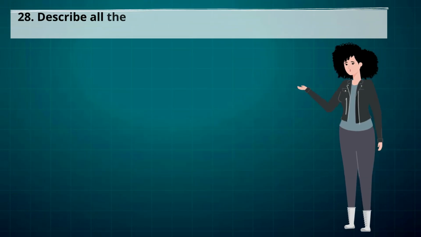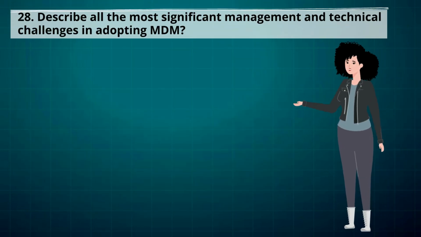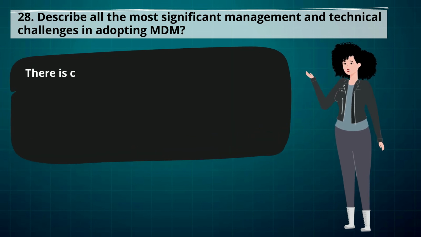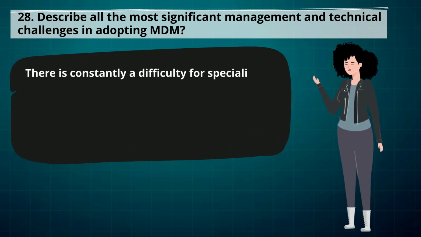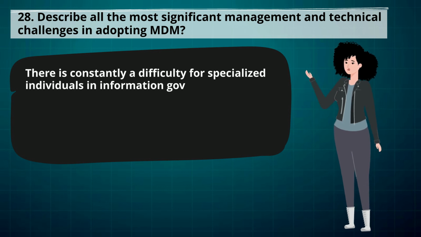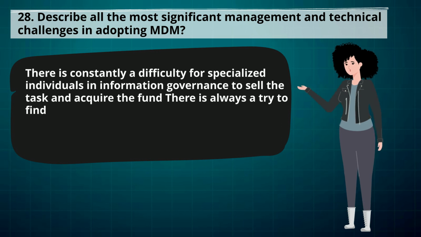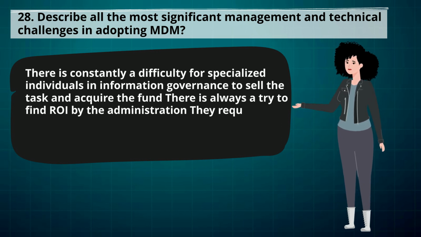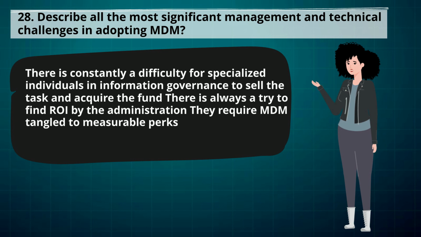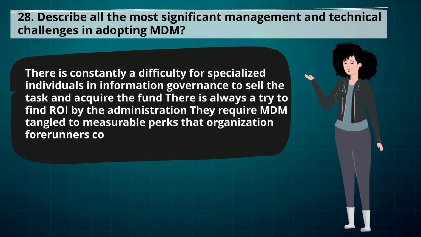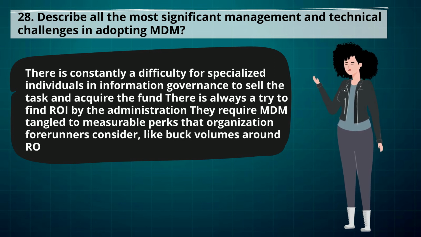28. Describe the most significant management and technical challenges in adopting MDM. There is always a challenge for technical people in data governance to sell the project and acquire the funding. There is always a search for ROI by the management. They require MDM tied to measurable benefits that business leaders consider, like dollar amounts around ROI. 29.